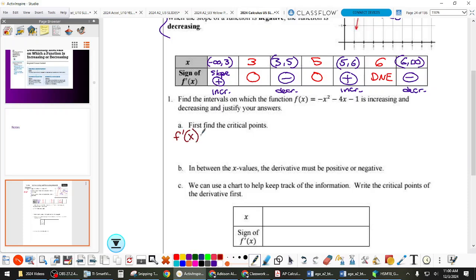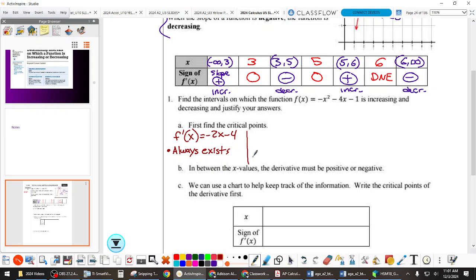So let's find f prime: negative 2x minus 4. And that is a line, right? So it always exists. There's no does-not-exist part, so we're not going to get any critical points from it not existing.